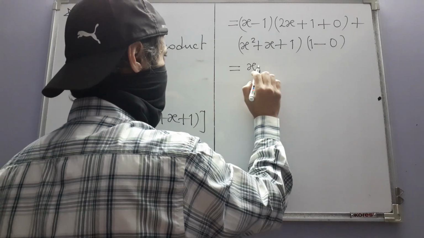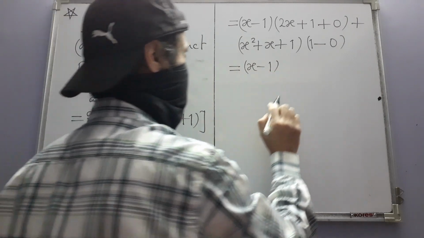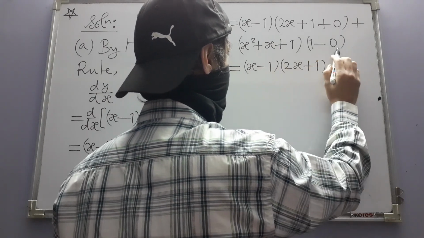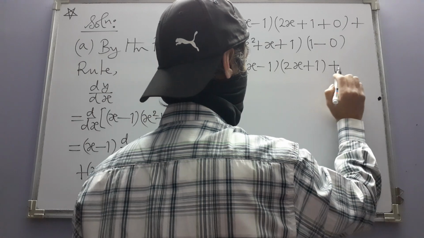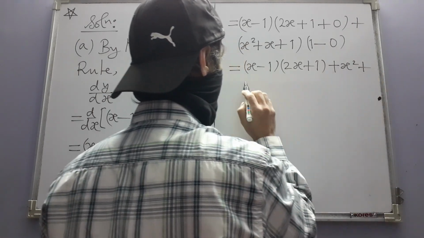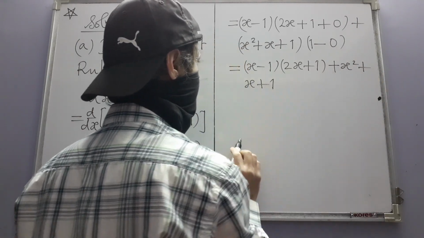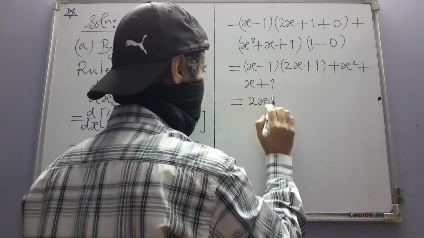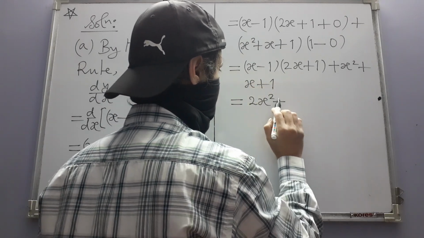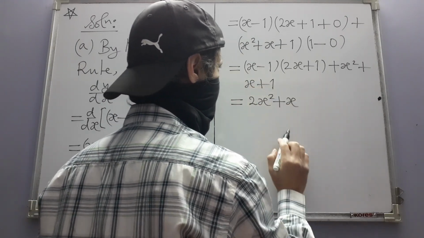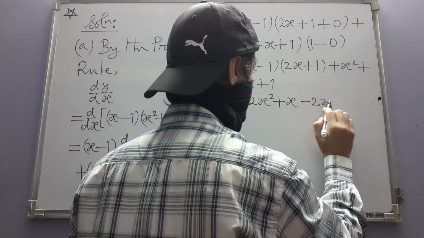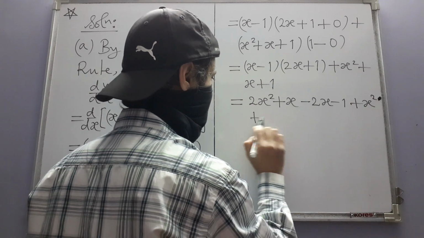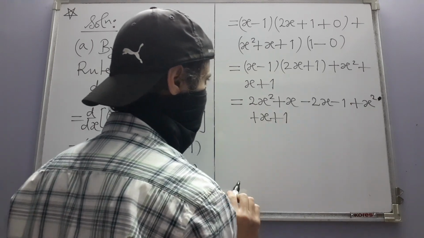So this time actually let's do the simplification. 2x plus 1, here you just have 1, so it's just x square plus x plus 1. Now if I do the multiplication, x times 2x is 2x square plus x times 1 is x, and then we multiply by minus 1, so that gives us minus 2x minus 1, and we already have x square plus x plus 1.